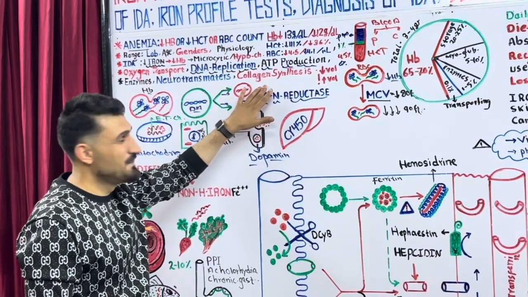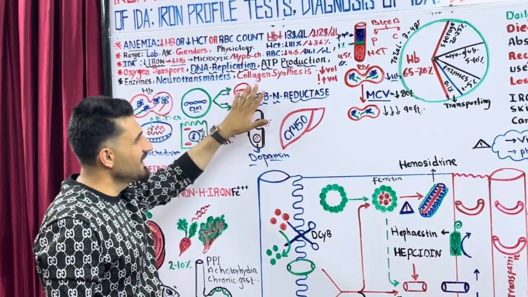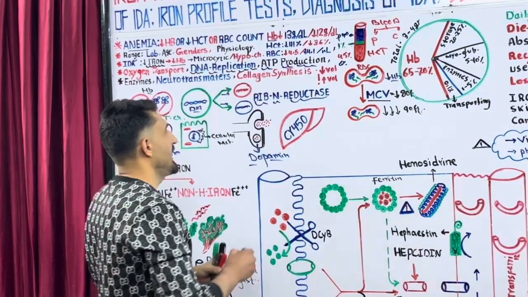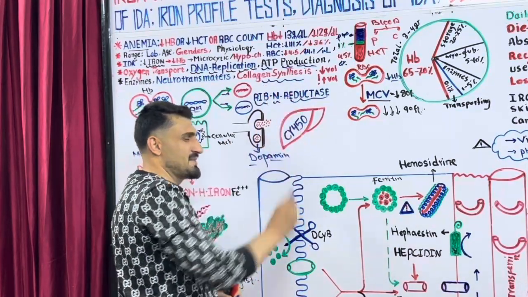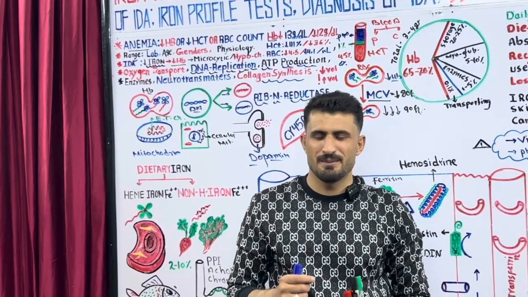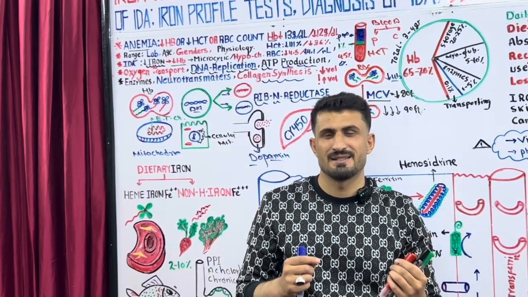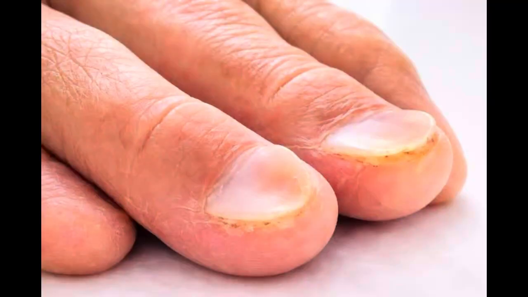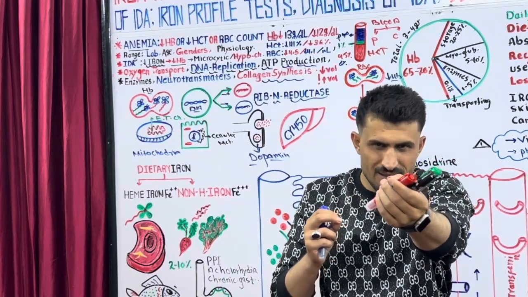And another important point, iron has a role in collagen synthesis. Okay, do you know signs and symptoms? We'll talk about signs and symptoms of anemia in part two. But one of the signs of advanced stage iron deficiency anemia is koilonychia. Okay, you can watch this photo.